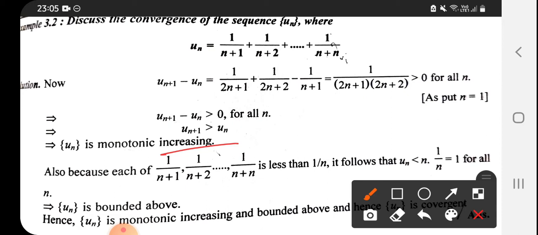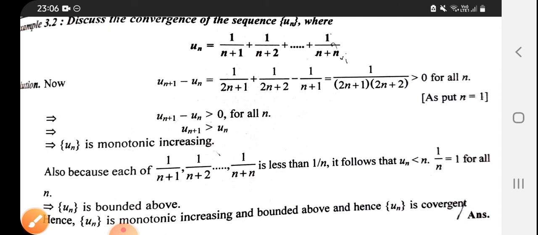And because the limit as n tends to infinity, we get 0, or we check all the terms are lesser than 1. That's why this is a bounded above sequence, and we say the sequence is convergent.